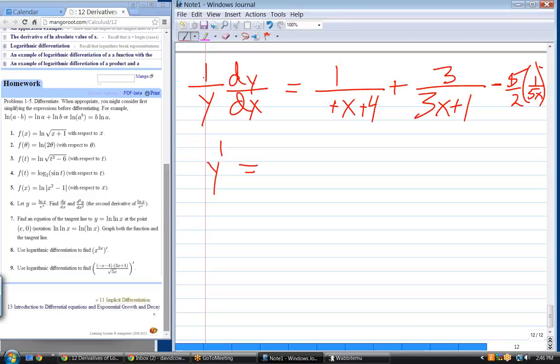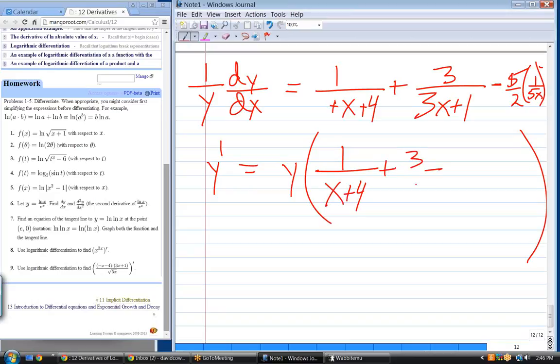So dy dx is equal to y times this whole thing. Well, y is this complicated thing here, and I can write it out like that, or I can write it out like this. Now, you might say that's pretty complicated still, and it's true, but it was easier to get the derivative when I wrote it out like this.